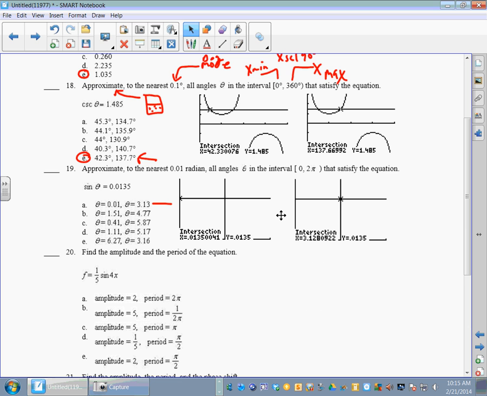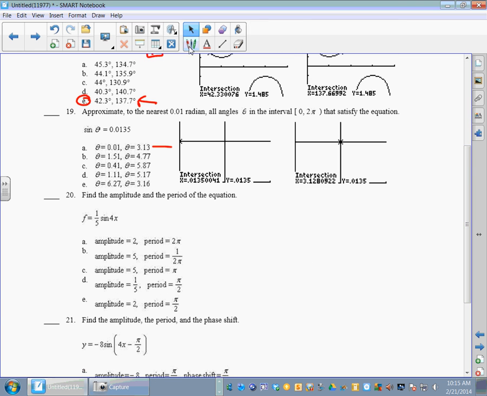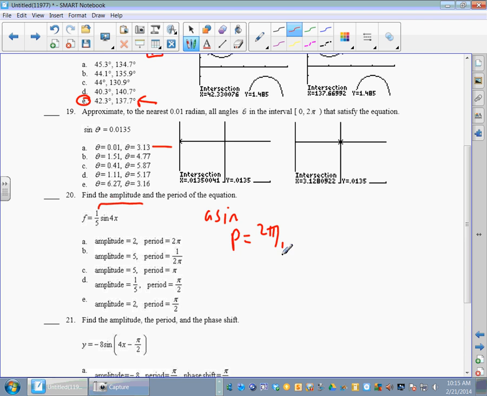All right. Riley, how do you find the amplitude? Yeah, it's the number in front of the sine. And how do you find the period? Kerrigan. 2 pi over b, and there's b, and then there's x minus c plus d. So what's b in this case?